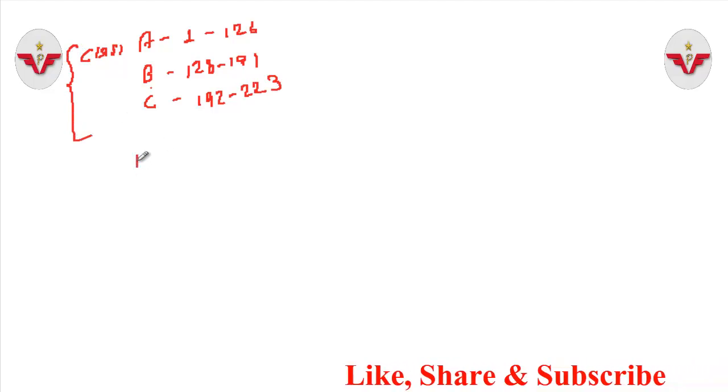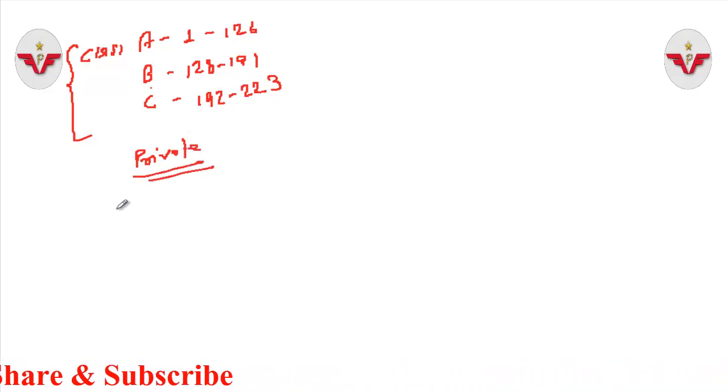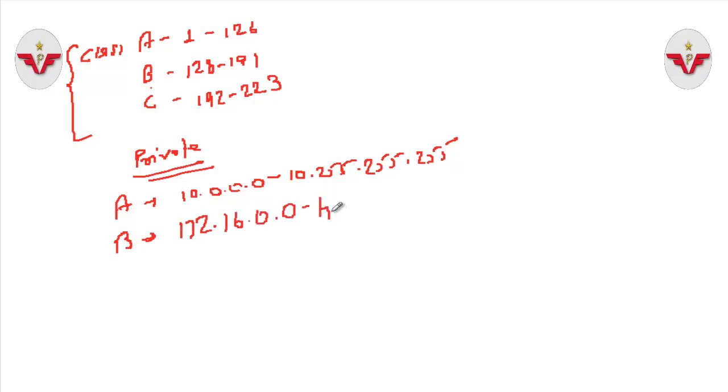What is the private range? What is the private range for class A? 10.0.0.0 to 10.255.255.255. For class B, it is 172.16.0.0 to 172.31.255.255.